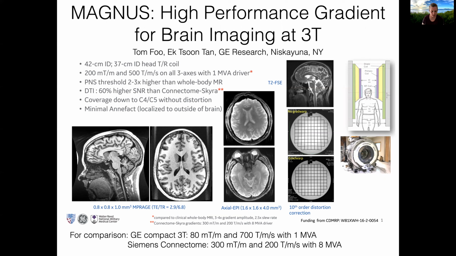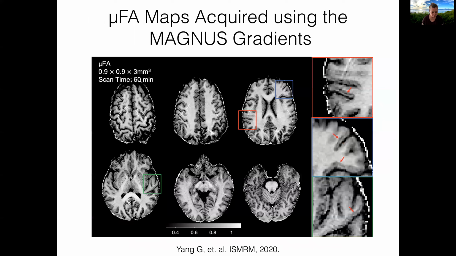And so we were eager to see how far we could push some of the resolution on these multidimensional diffusion encodings. And so here is an example of the microscopic fractional anisotropy maps acquired on these specialized MAGNUS gradients.